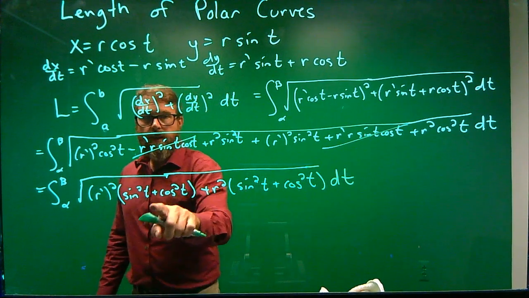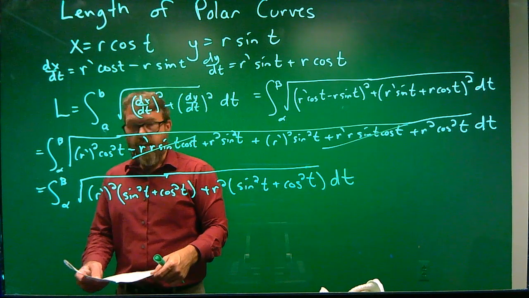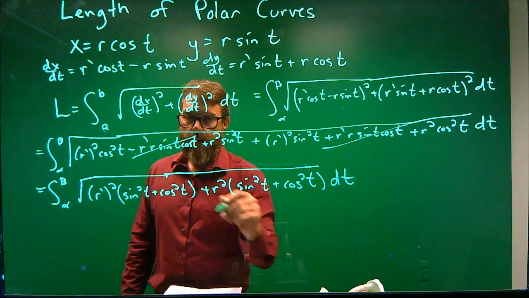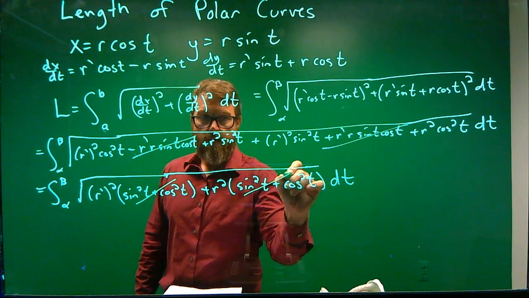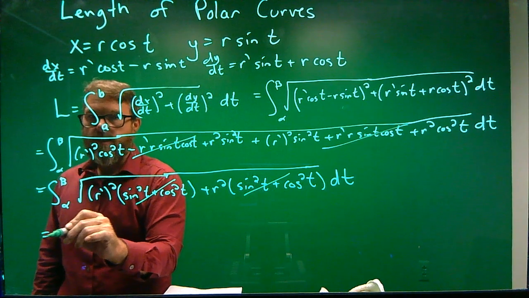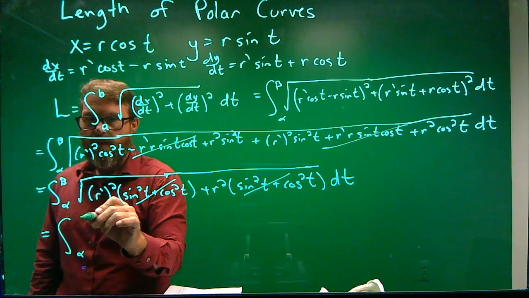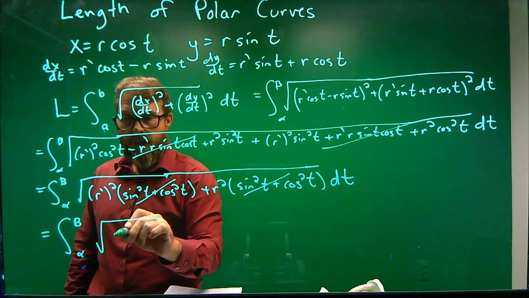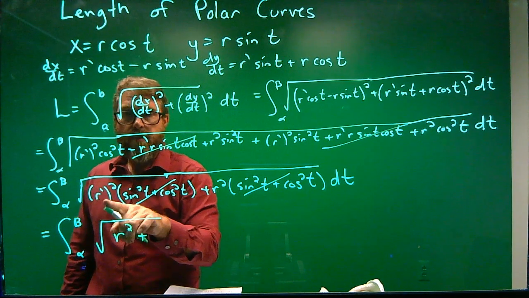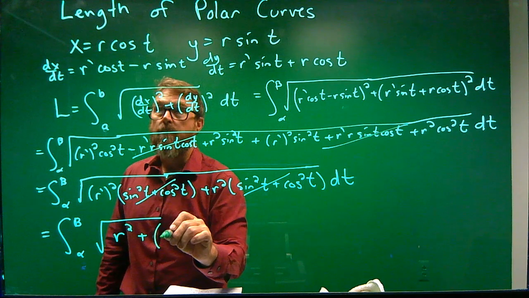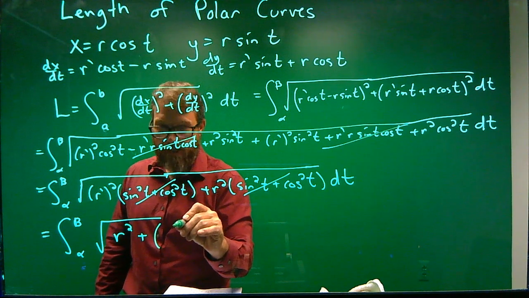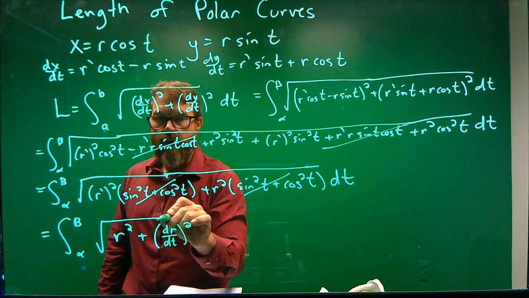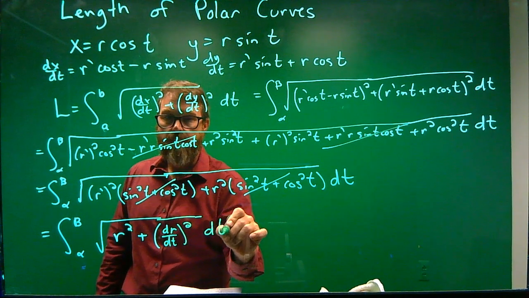All right, now we know that each one of these things is equal to 1. So that's 1, and that is 1. So what we're going to get, I'm going to write this in this form: the integral from alpha to beta of the square root of, let's do the r squared first, it tends to come first in books, plus, now this is r prime squared, so let's go r prime, which is going to be dr dt squared, and this is with respect to t.